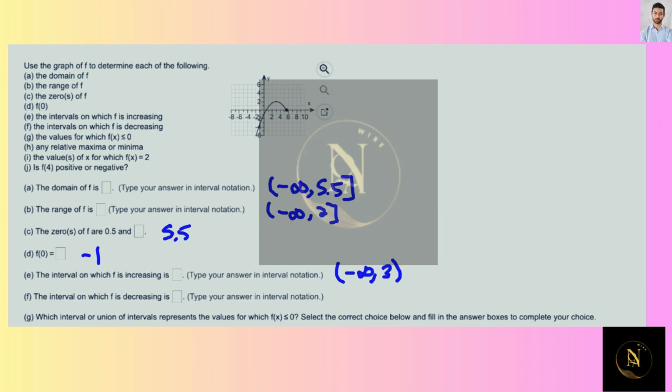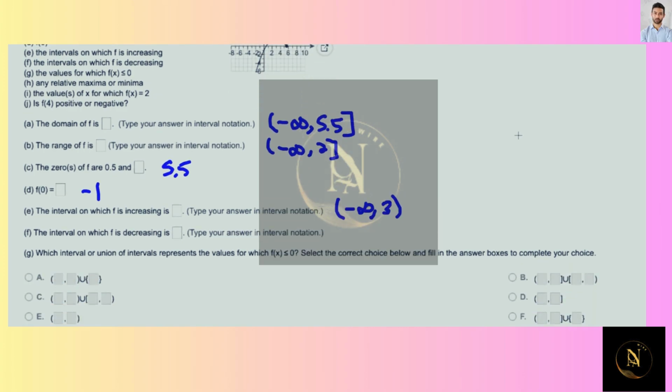It is decreasing from that maximum to 5.5. So we report this in x values. So that would be from 3 to 5.5, but we are not going to include the 5.5 because with intervals of increasing and decreasing, at any given point, it's not actually either increasing or decreasing at a point. So it's just always not included.